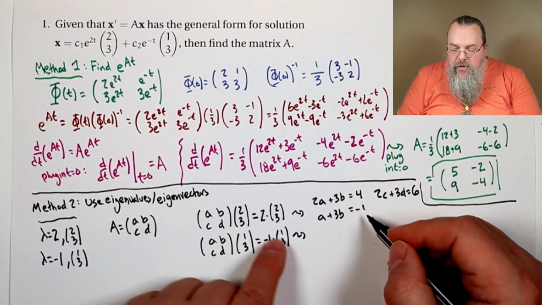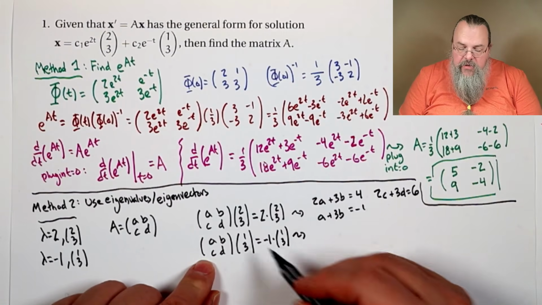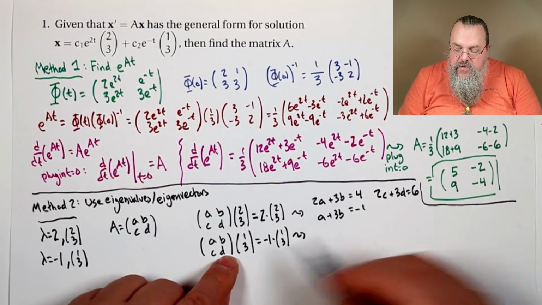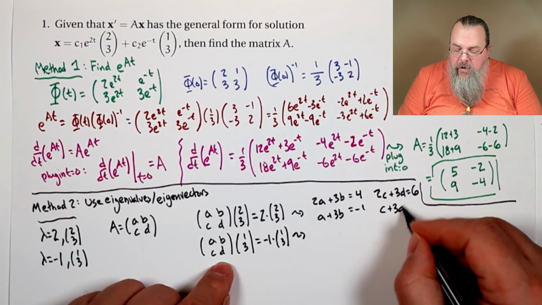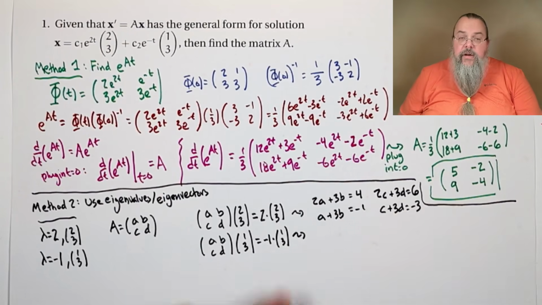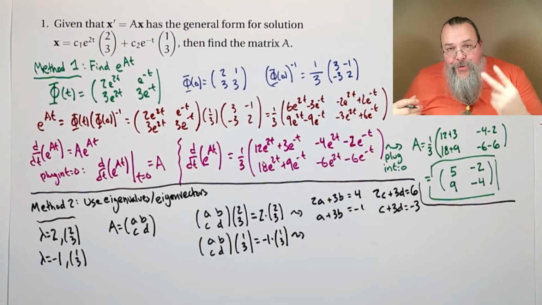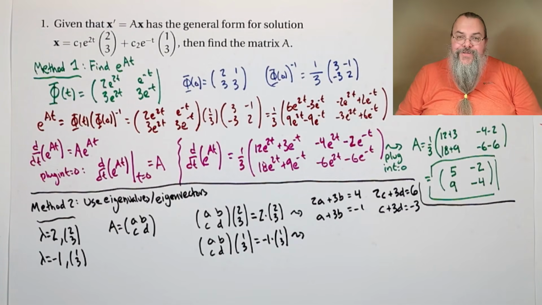We're just looking at the top entries. And then if you look at the second entries, c plus 3d has to equal negative 3. And now we have two pairs of two equations with two unknowns. And so we just have to solve.